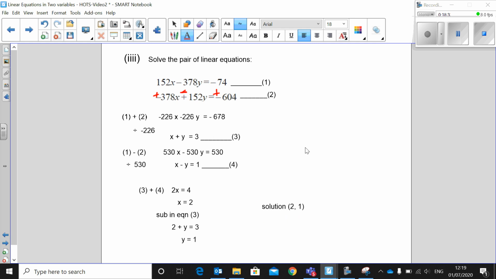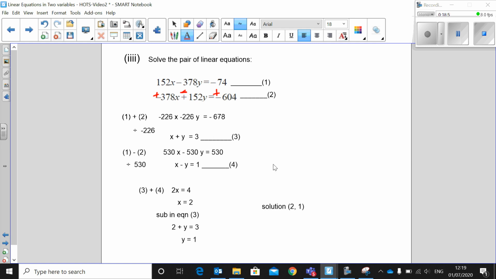See, in this, if you adopt the elimination method by multiplying the first equation by 152 and the second equation by 378, it will be a more complicated multiplication. 378 into 152, 604 into 378, a very big multiplication comes.